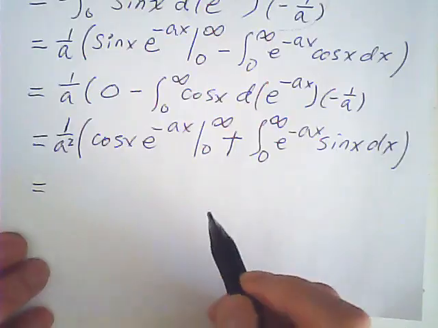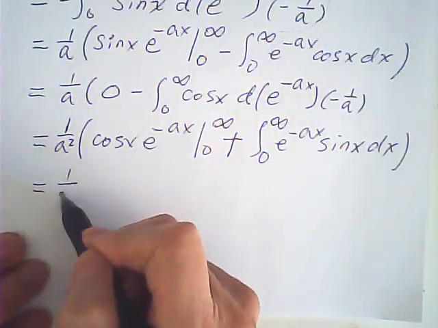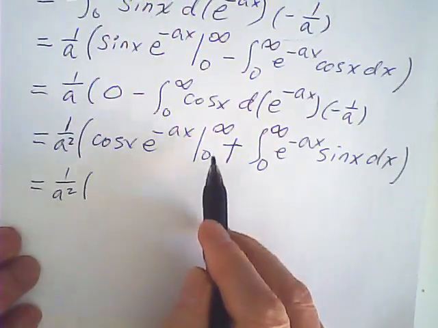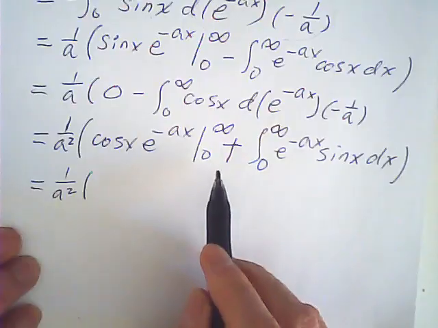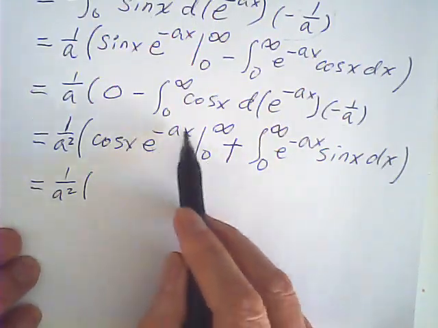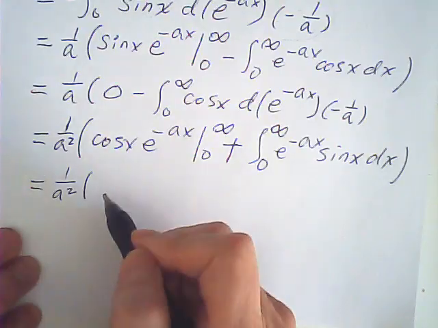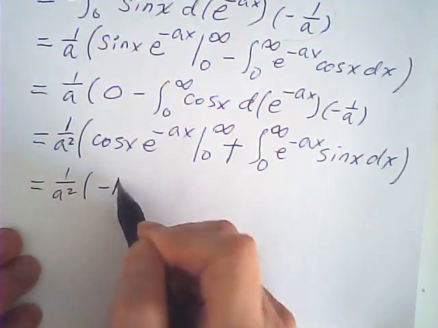And then this one equals 1 over this one. When x is infinity, the whole thing is 0. When x equals 0, this is a 1, so that becomes negative 1.